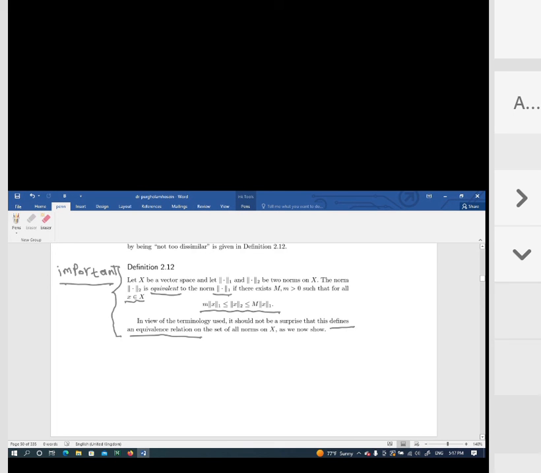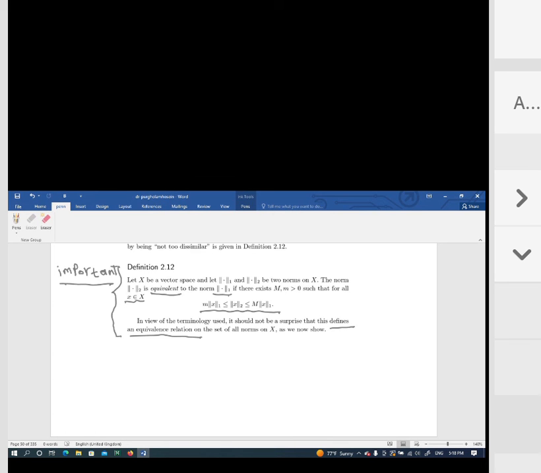If there are norm 1 and norm 2 on a vector space X, we say that norm 2 is equivalent to norm 1 if there are two positive numbers, a capital M and a small m, such that for any x, m times the norm 1 of x is less than or equal to the norm 2 of x, and this is less than or equal to capital M times the norm 1 of x.